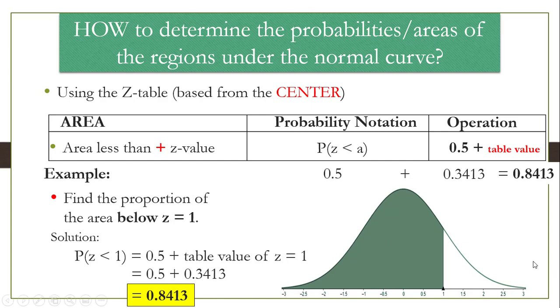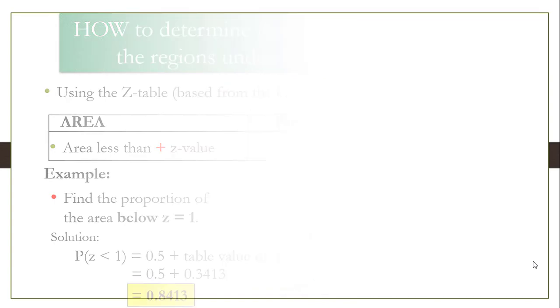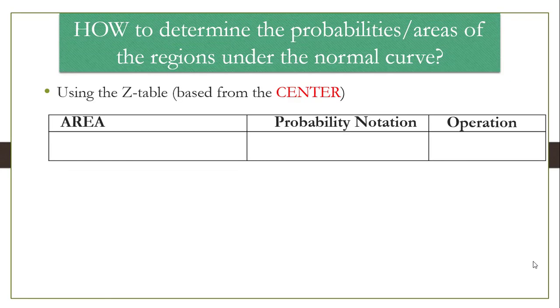Now, let us have another situation. Suppose it is the other way around, like the area less than a negative Z value. The probability notation for that is the probability that Z is less than negative A. Now, the operation will change. That would be 0.5 minus the table value.